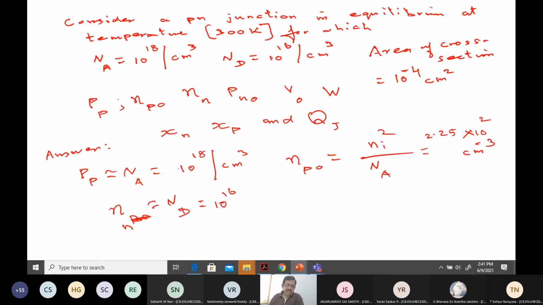So that will be 10 power 16 per centimeter cube. Then we have the very simple PN naught. PN naught is the hole concentration in the N region under equilibrium. That will be Ni square by Nd. So that will be 2.25 into 10 power 4 per centimeter cube.